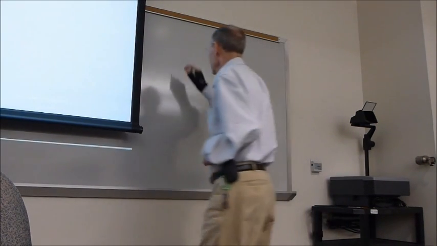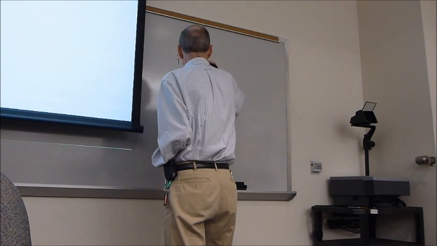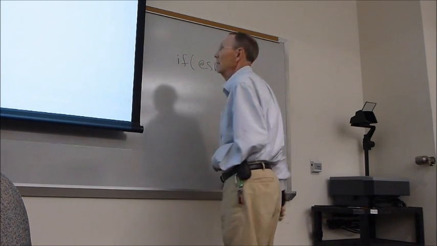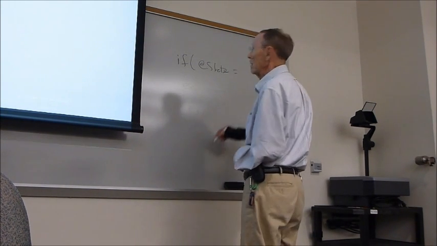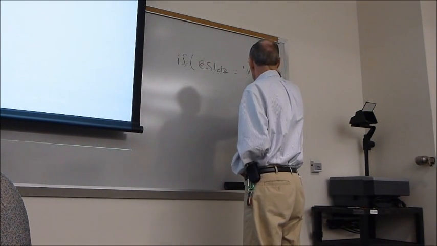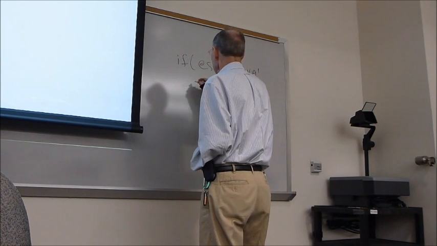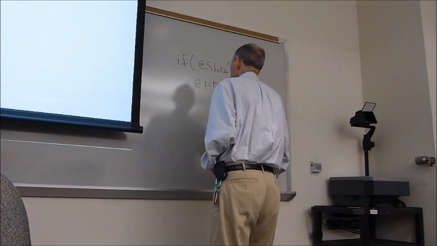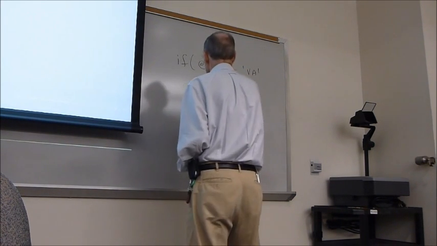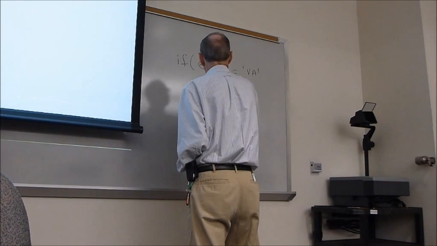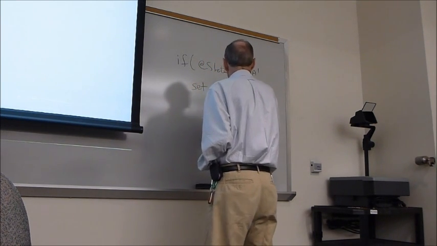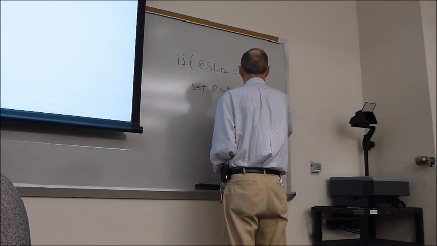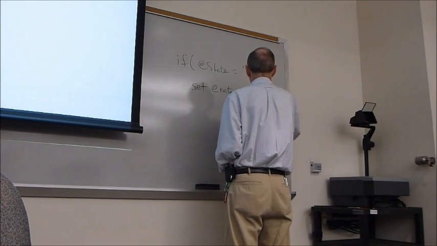Okay, so it's if at state equal VA, Virginia. Okay. Then at rate, set at rate, assignment operator, 0.06.